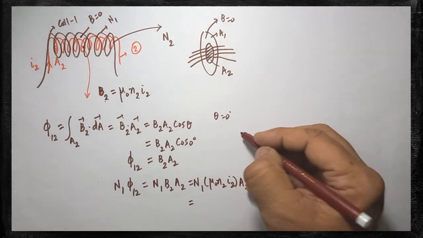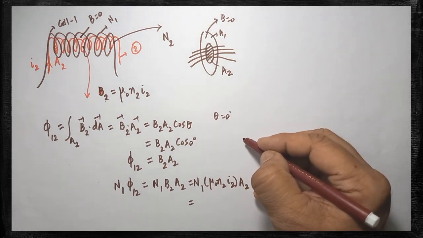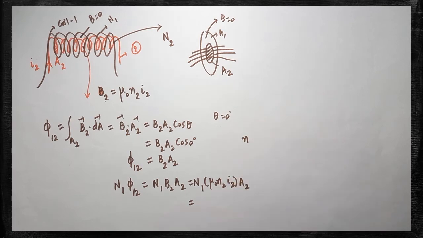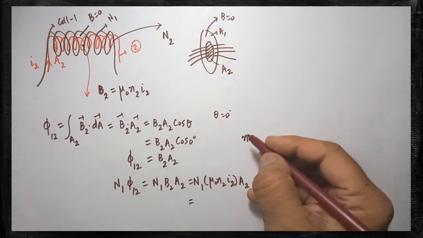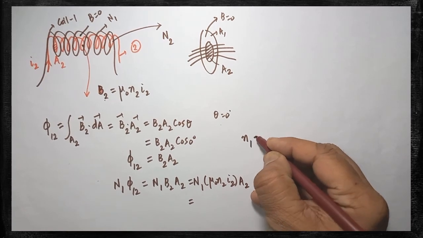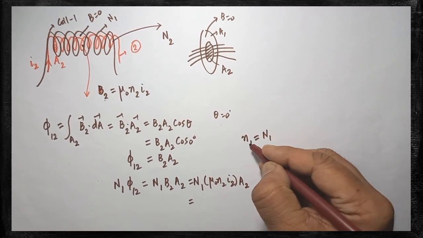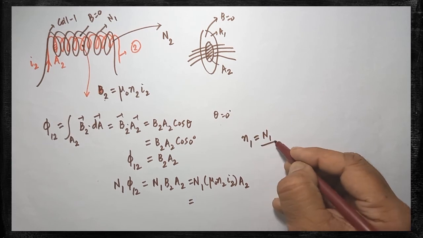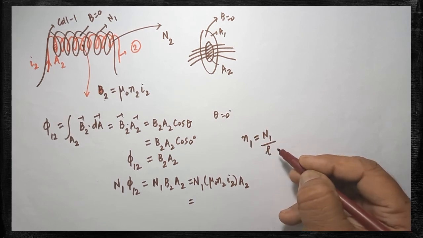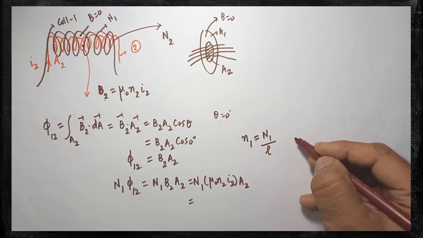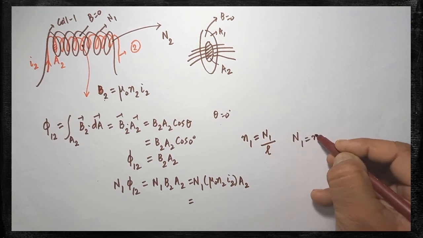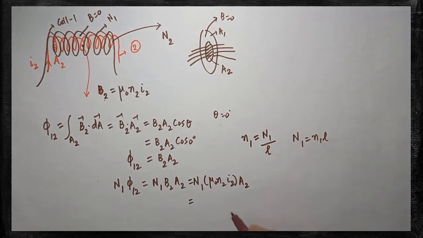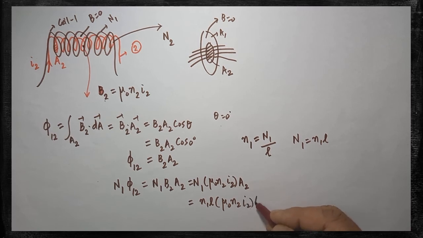Already we have learned that n1 is the number of turns per unit length, which can be written as N1 divided by L. From this formula, we are able to write N1 is equal to n1 into L. So here, substitute N1 L mu naught n2 I2 A2.